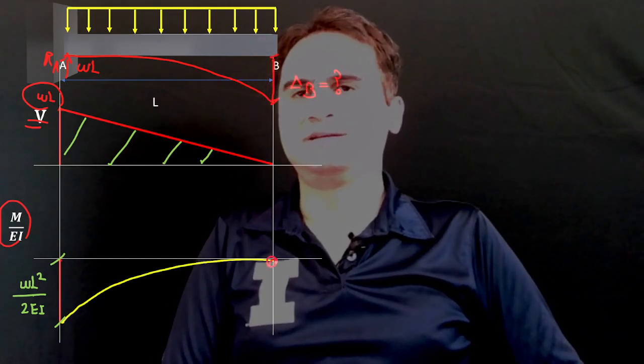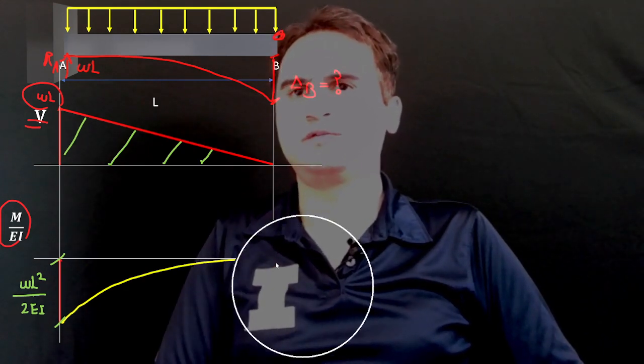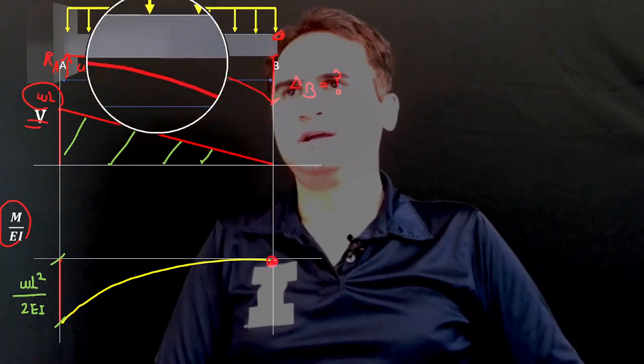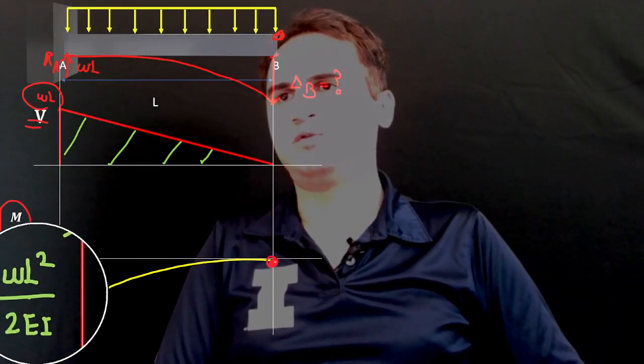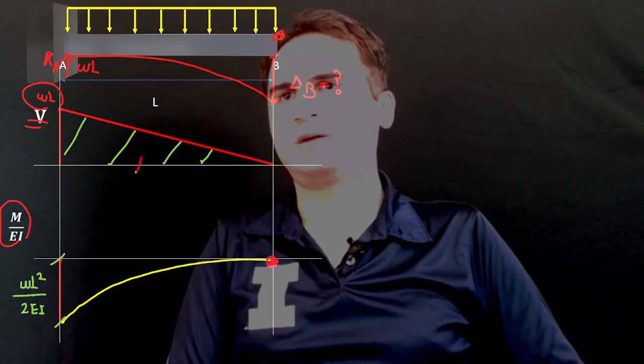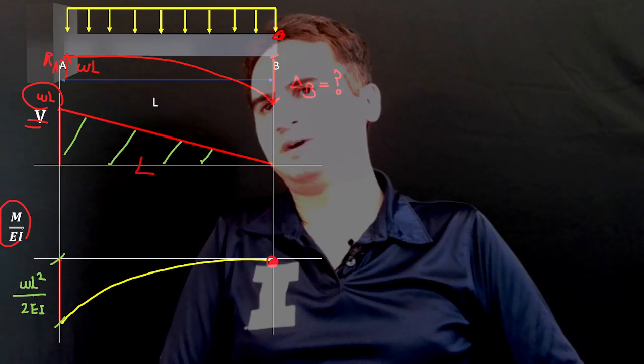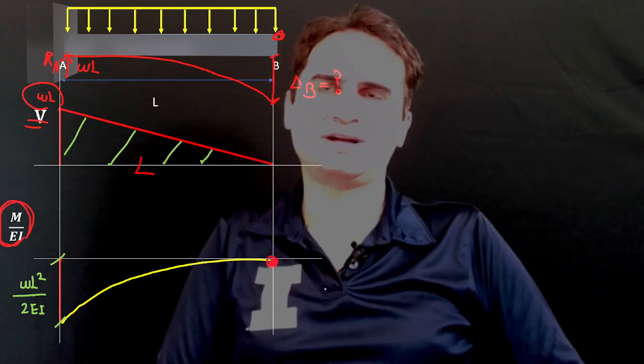At the free end we don't have any moment, and at the other end we do have a moment, which is the area under V. That's W times L over 2, so WL squared over 2, and that's M over EI for calculation.